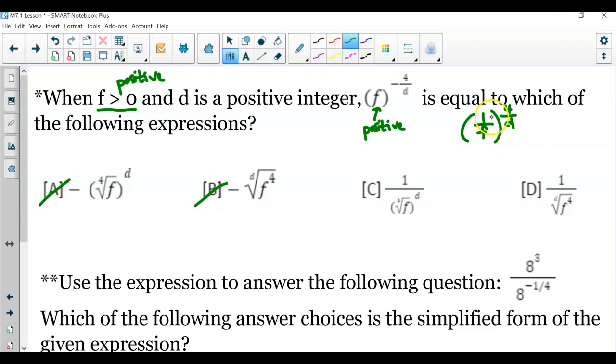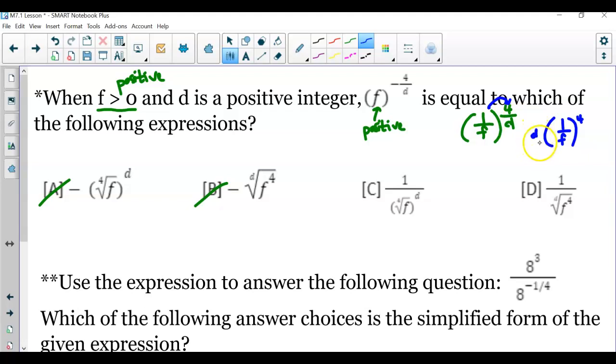Now I've got 1 over f, which is being raised to the 4th power, because remember the top is your exponent. So this is 1 over f being raised to the 4th power inside of our radical, which is d.